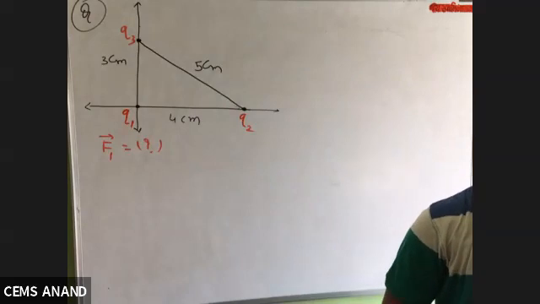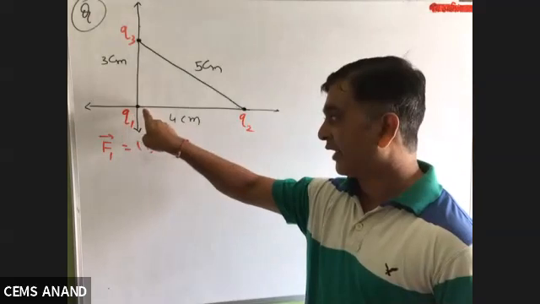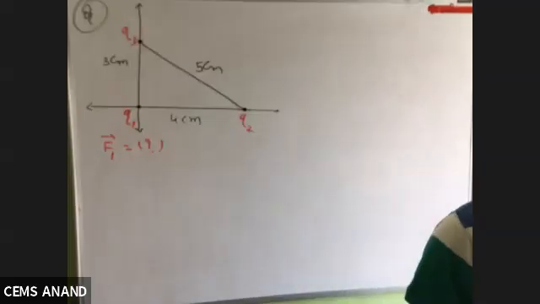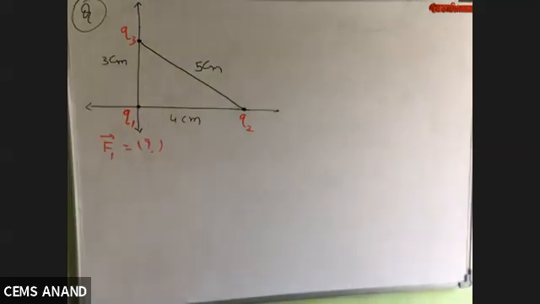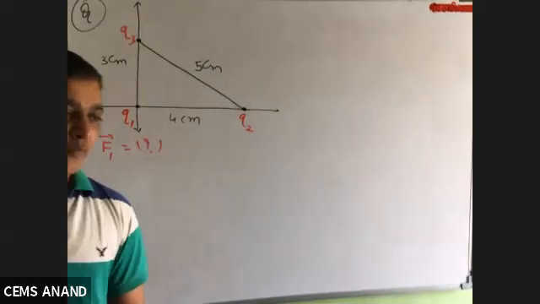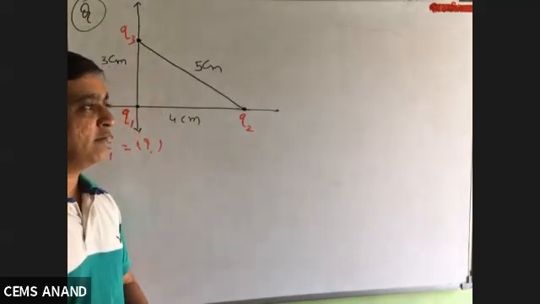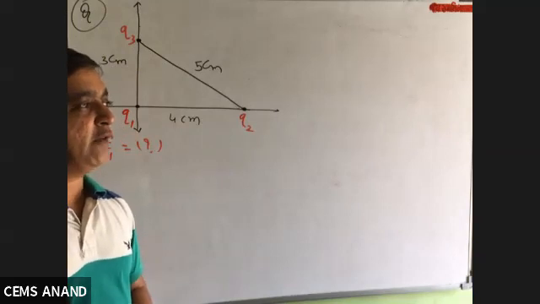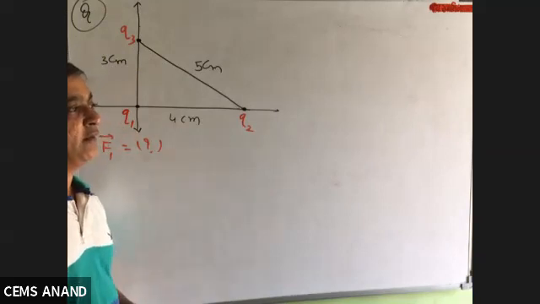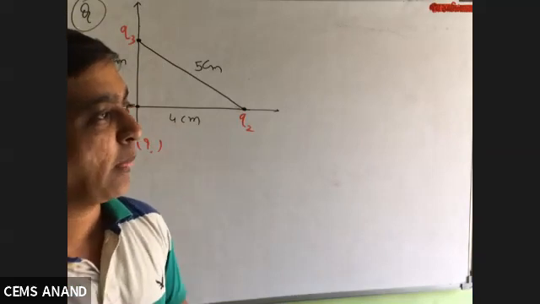Find the magnitude of force on the charge at right angled corner. This is your question. So I am waiting for 5 minutes. That is to say, you have been given 5 minutes to solve it. And if you can't, then we will solve it together.